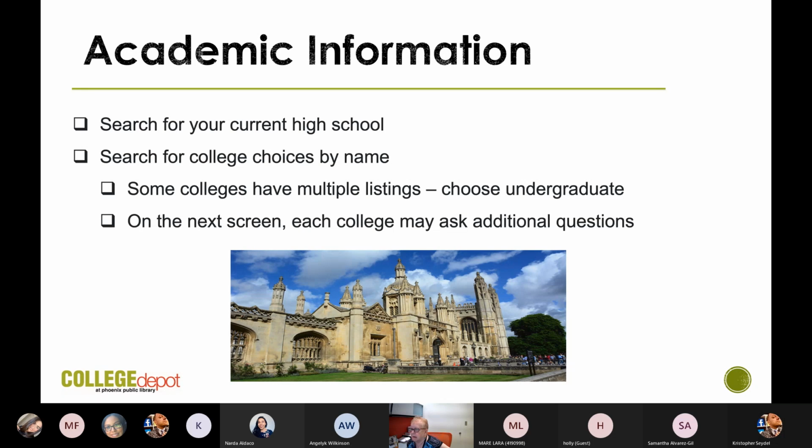In your current academic year, for those of you who are in high school getting ready to graduate in May, you are in 12th grade, obviously, and you must search for your high school. What if your high school is private? You are not going to a Phoenix Union or another public school, but you are attending a private high school like Brophy or Xavier.